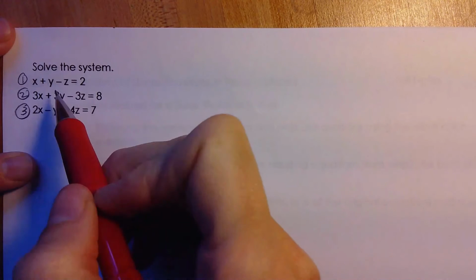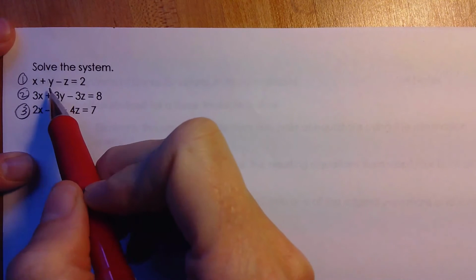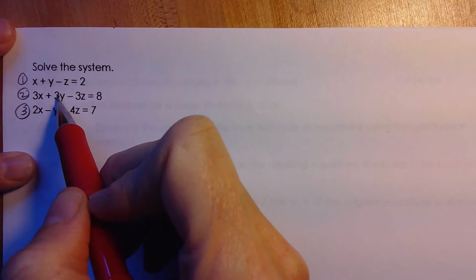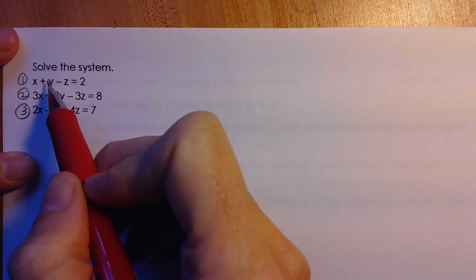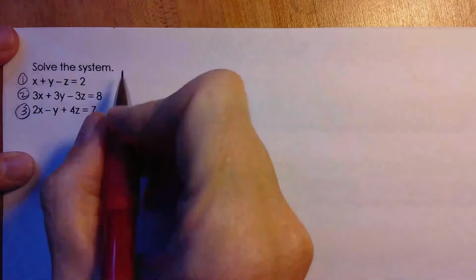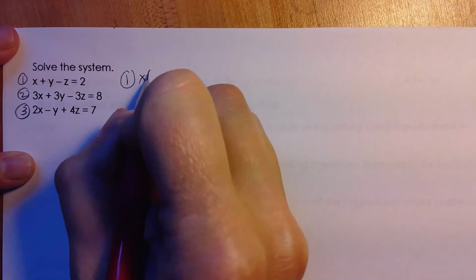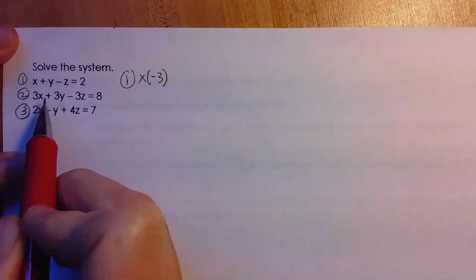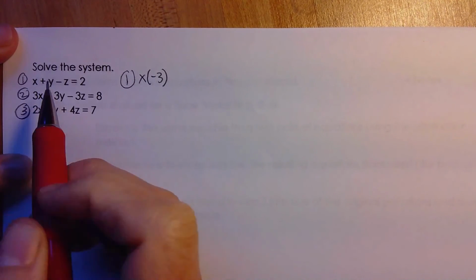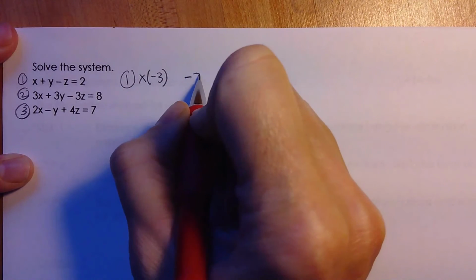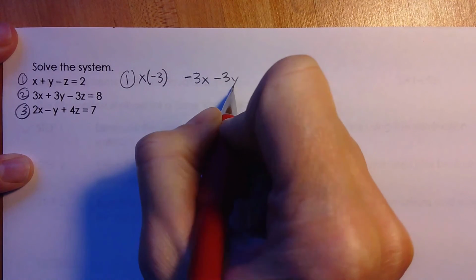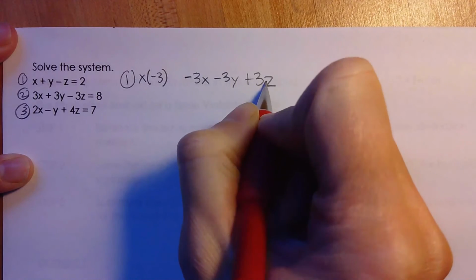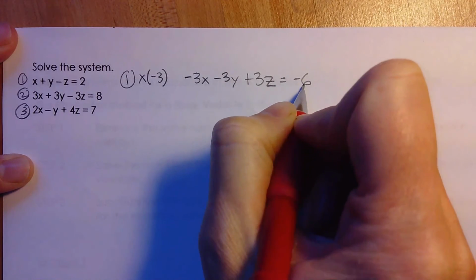Maybe you can already see what's going to happen on this one. If I want to eliminate the y's between 1 and 2, what I end up doing is multiplying the equation 1 by a negative 3, because then this is going to become a negative 3y. So we're going to end up with negative 3x minus 3y plus 3z equals negative 6.